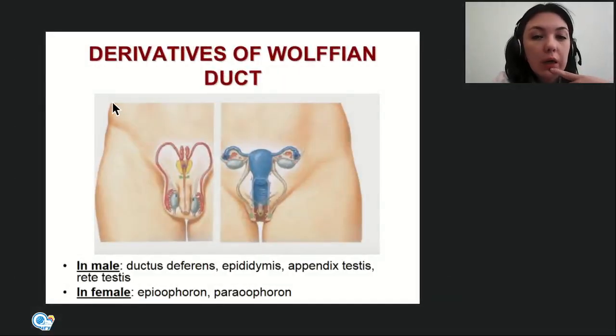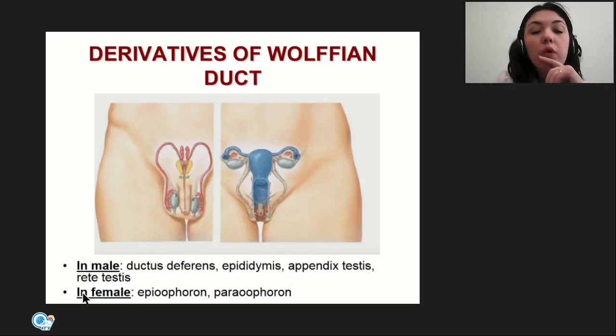So the Wolffian duct, or mesonephric duct, stays in males, and the Mullerian duct degenerates. So most of the male genital organs originate from the Wolffian duct. So it is the ductus deferens and epididymis, appendix testis, and rete testis.